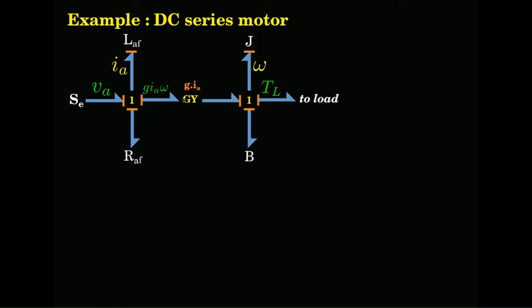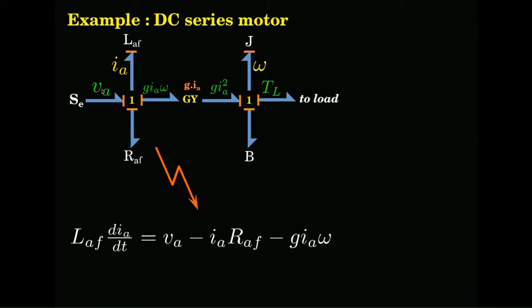Now all these bonds are on one junction, therefore they all share the same current IA. So this bond is also having IA. If this is IA, the generated torque effort will be GIA times IA, GIA square. These are the variables. Now it is up to you to write the equations.